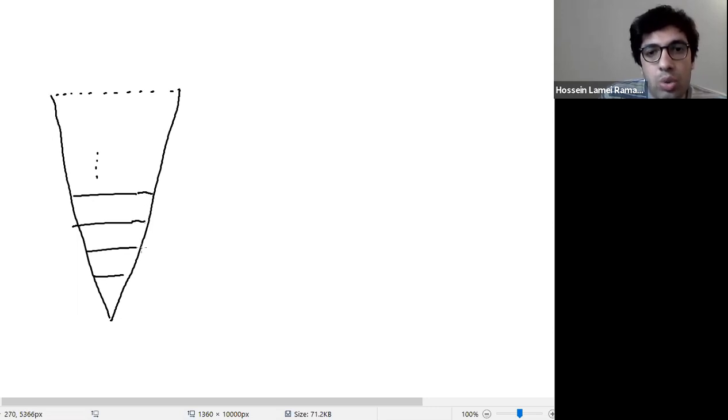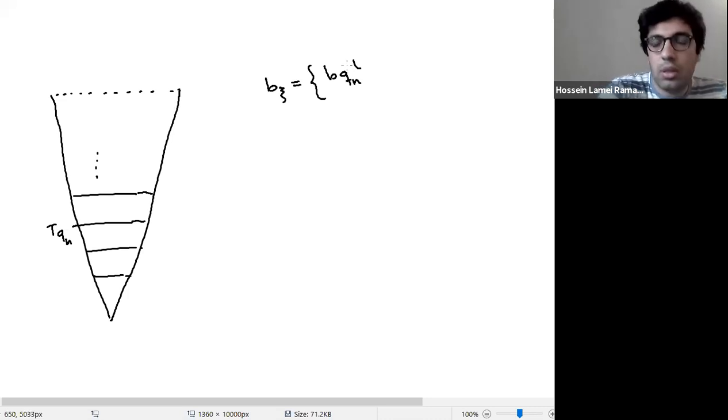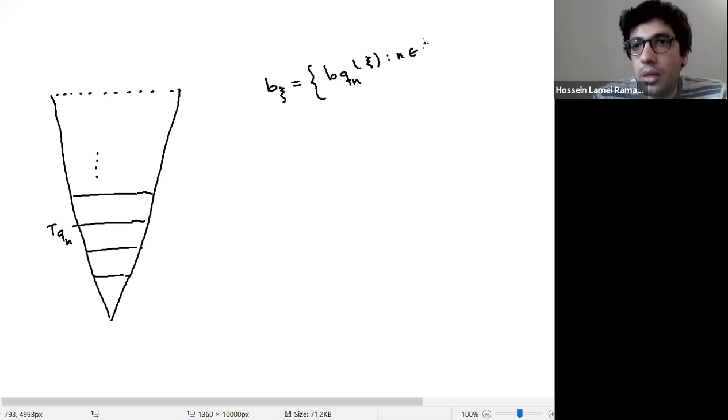We have a bunch of branches which are indexed by the domain of BQs of these conditions. So these are QNs, so TQNs. Let's call B psi here to be the BQN of psi, N in omega.